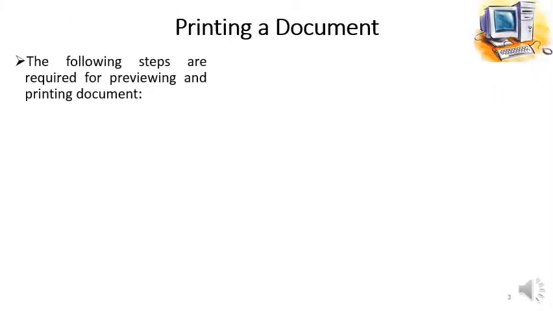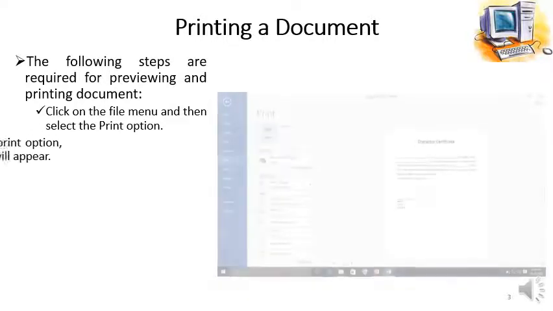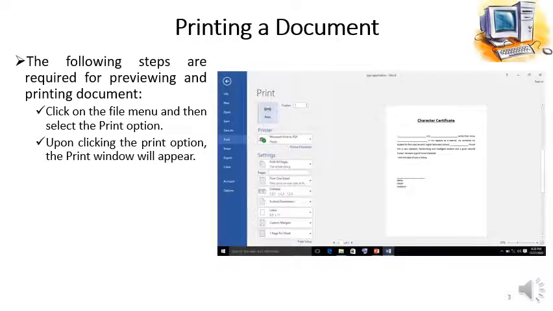The following steps are required for previewing and printing a document. First of all, click on the File menu and then select the Print option. Upon clicking the Print option, the print window will appear, which is shown here in this image.